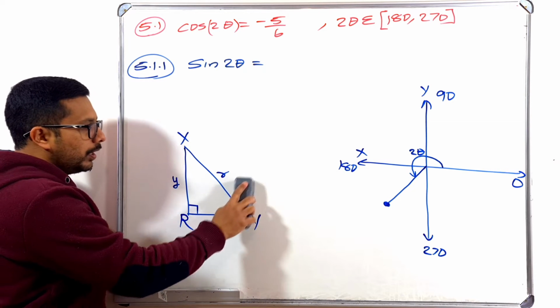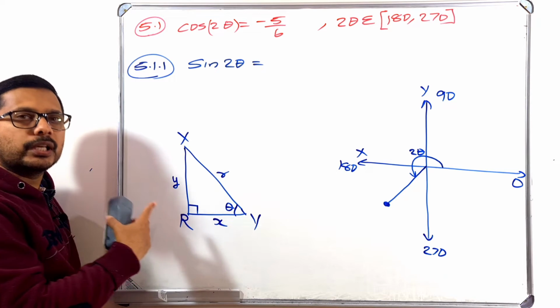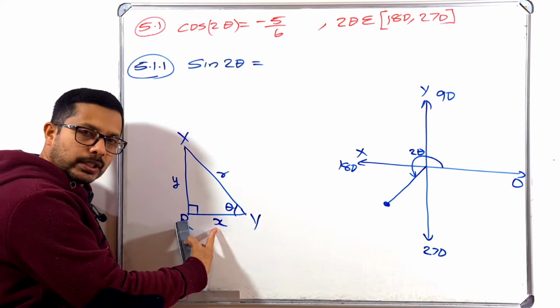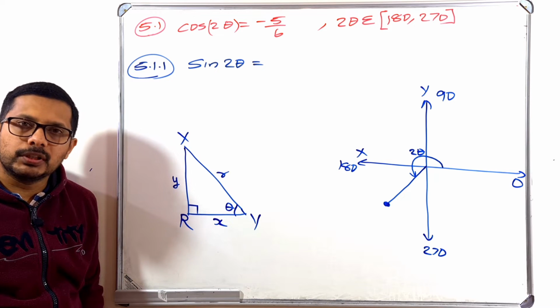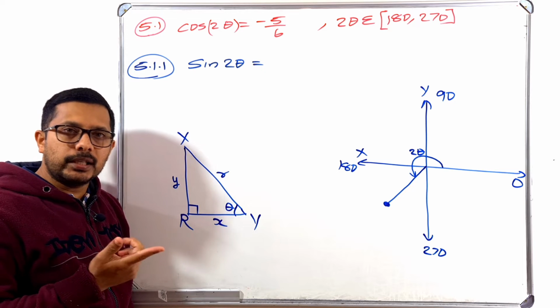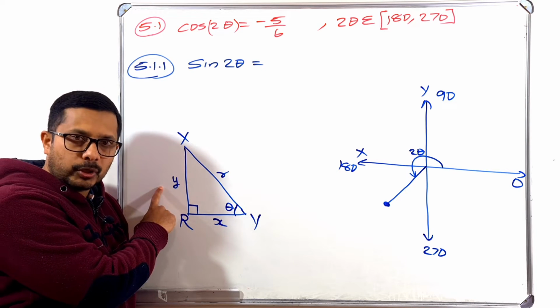Instead of that, opposite side we represent with a small letter y, adjacent side with small letter x, and the hypotenuse with r. Just remember that. What is the adjacent side? x. What is the opposite side? Small letter y.